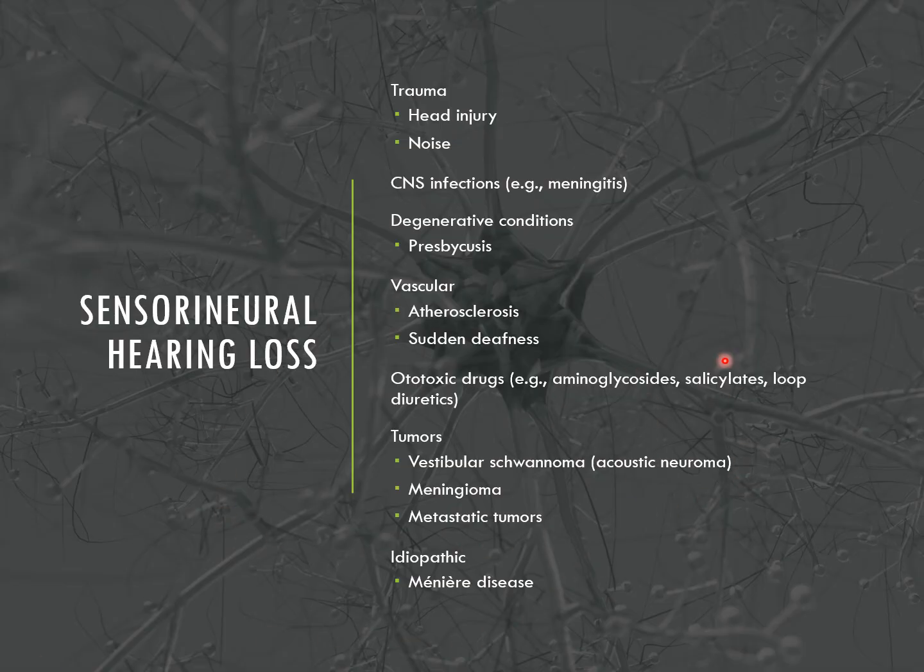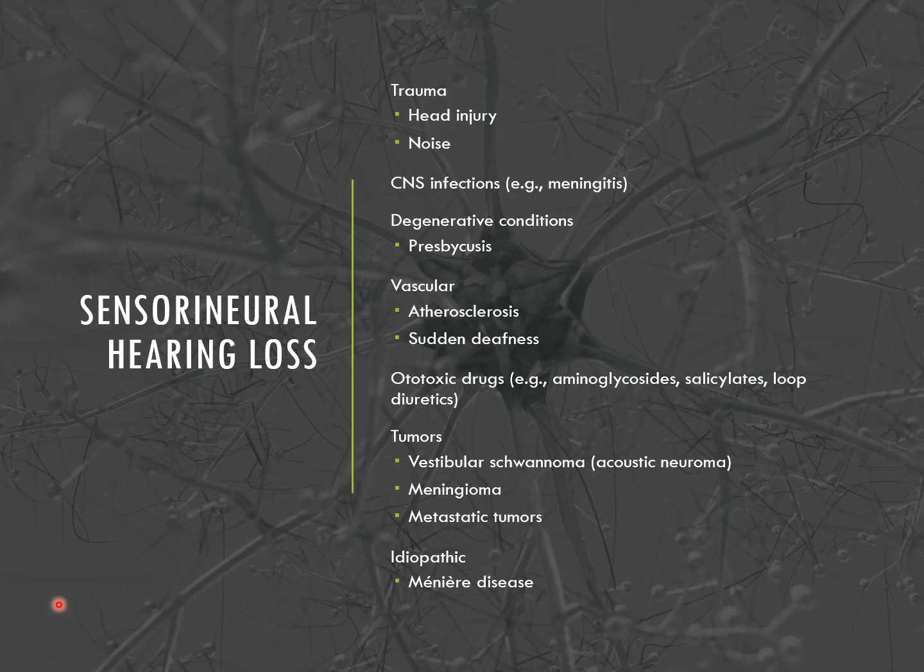Sensorineural hearing loss can be caused by, again, trauma, so things like head injury, or the chronic trauma that occurs with exposure to loud noises. It can be caused by central nervous system infections like meningitis that can infiltrate the acoustic nerve itself, leading to interruptions in sound transmission.